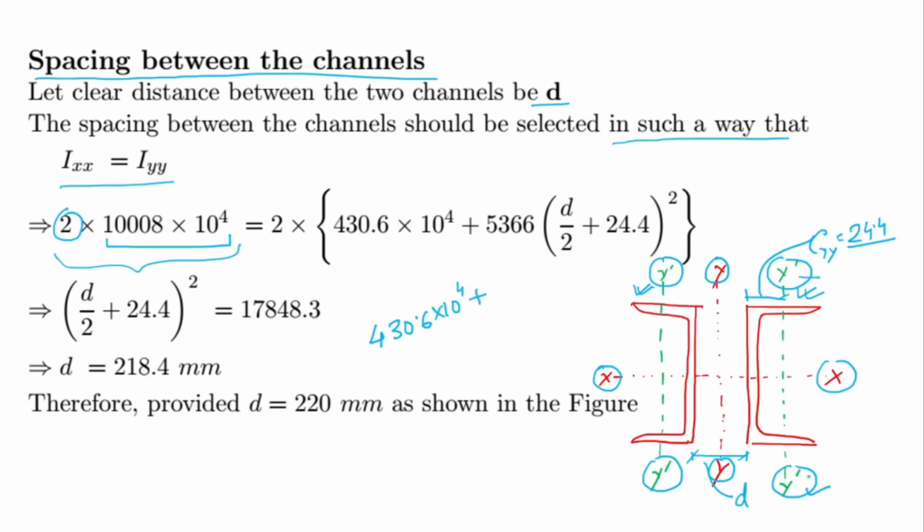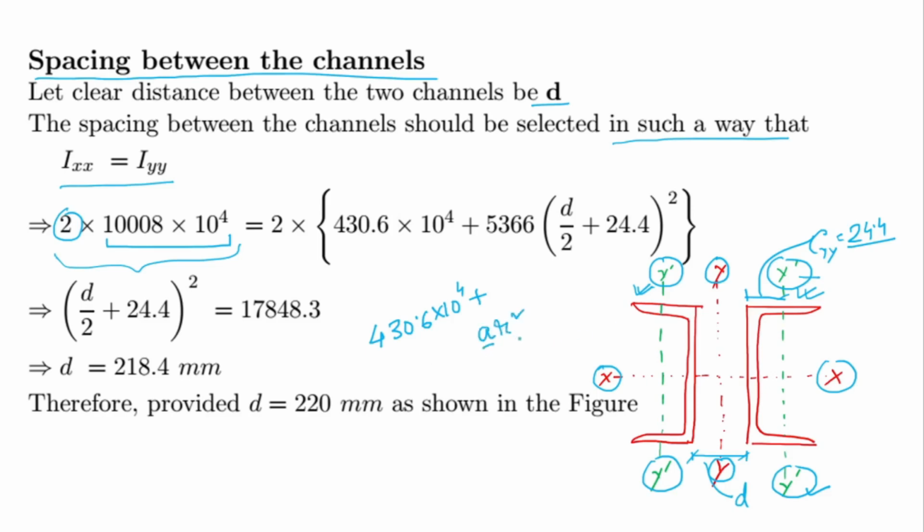Now if I have to convert this Iyy of the channel about its own axis to the YY axis of the whole column section, I have to sum it up with A r square.